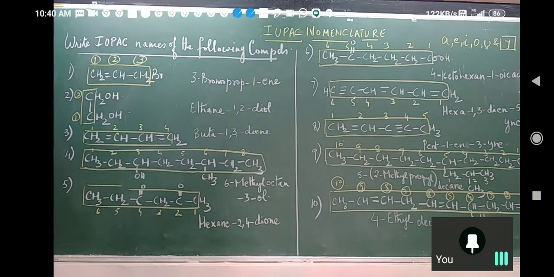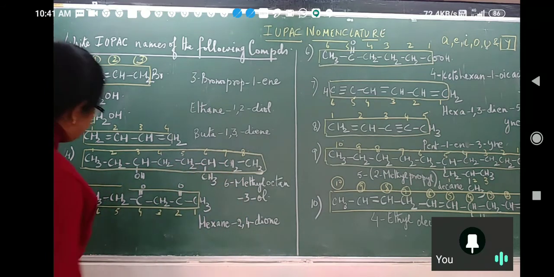If we have a triple bond, the ending word will be yne. So if we have yne, then you have to drop an E. Because you have a double bond also, you have a triple bond also, so the ending word will be yne, and in yne you will drop E. Okay? So it is applicable over there. Y is an exceptional case which is taken; otherwise, it is not a vowel according to English. A, E, I, O, U are vowels.